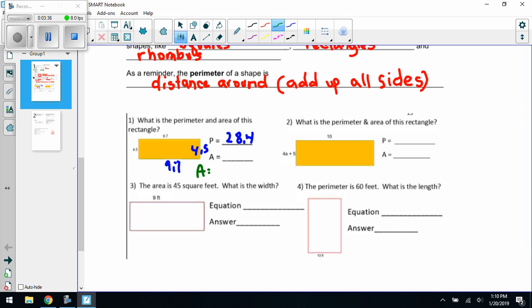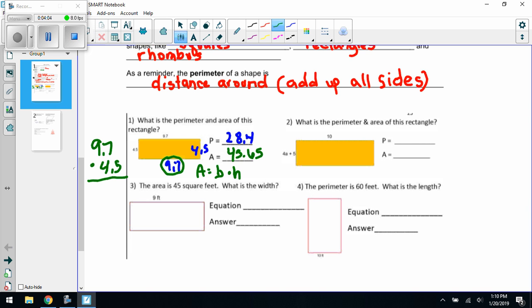In this case, the base is the bottom, which would be the 9.7, times, I'm running out of room here, the height, which is up and down. Put that in Desmos, and you should get 43.65.